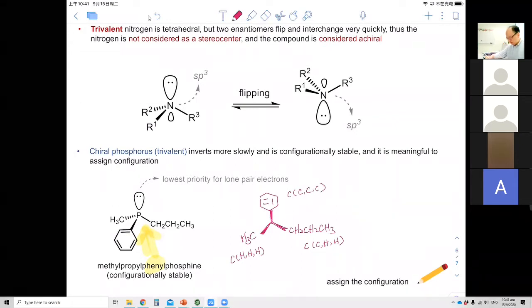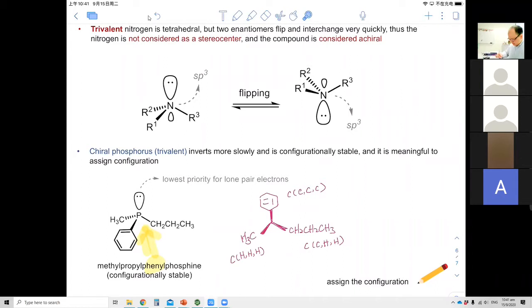So this is the highest priority, this is next, and this is the lowest priority among these three. So the direction is this, this, this. It's R, because it's your right hand. So when you assign this, it's R.